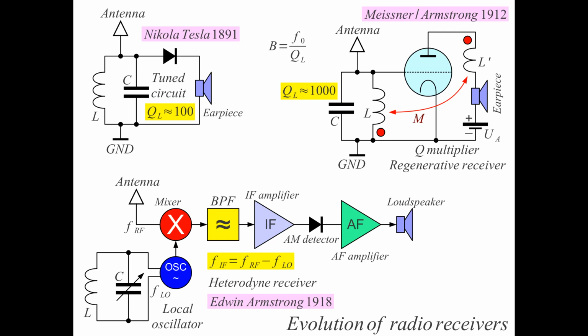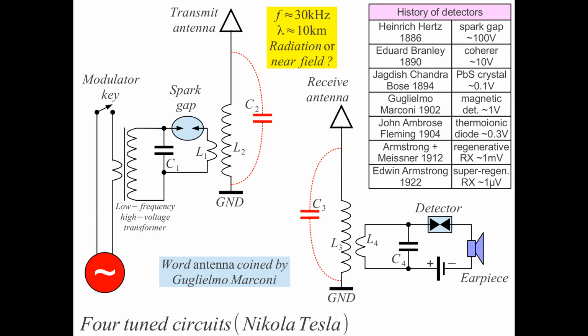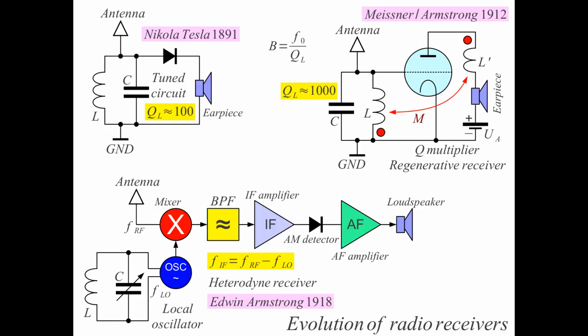Let's see about the evolution of radio receivers. Say the receivers of Nikola Tesla and other experimenters, Jagadish Chandra Bose, Guglielmo Marconi, all relied on direct detection with hopefully the best possible non-linear diode here to rectify the radio frequency signal into a low frequency audible signal here.